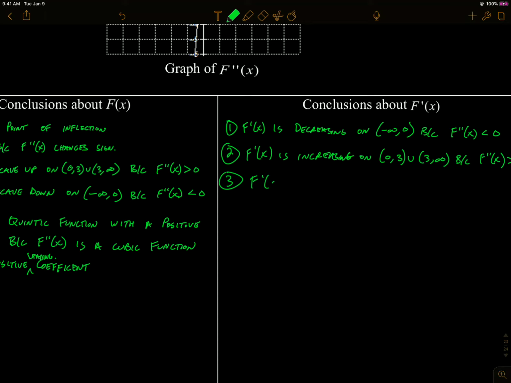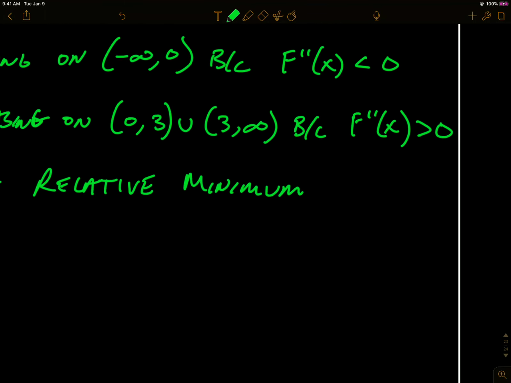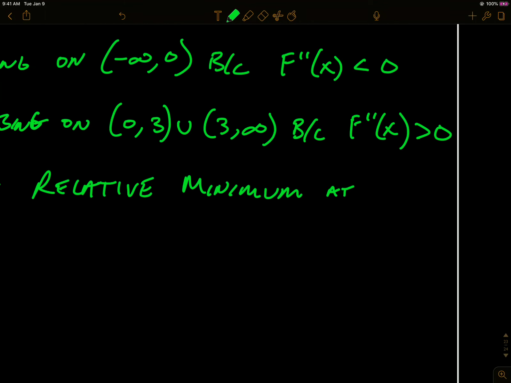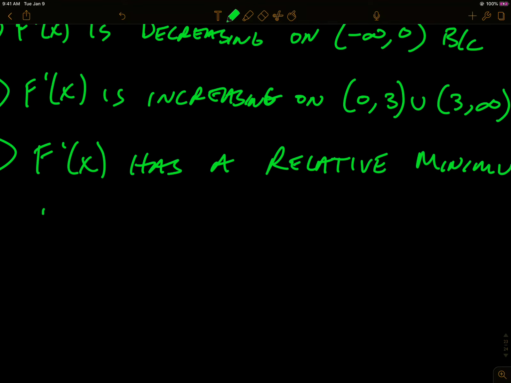We know the derivative has a relative minimum at x equals 0 because the second derivative changes from negative to positive.